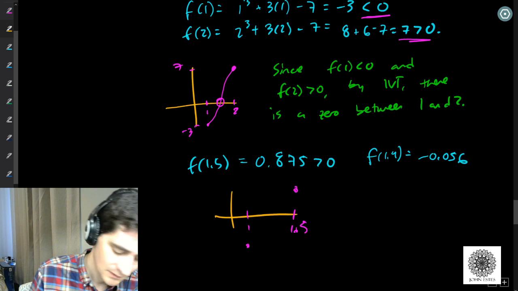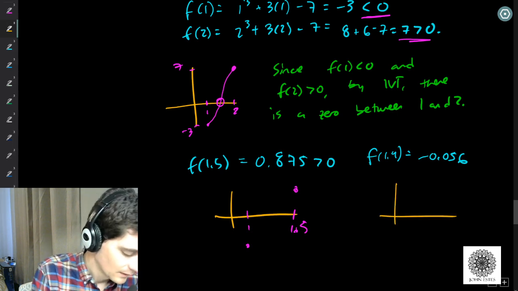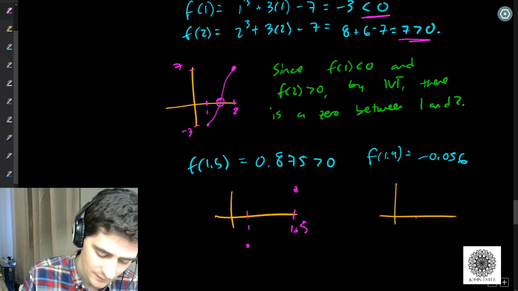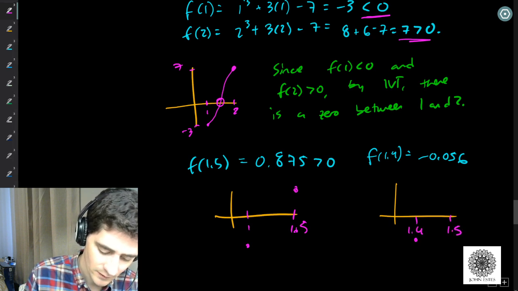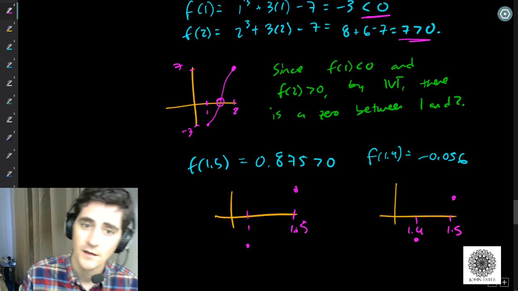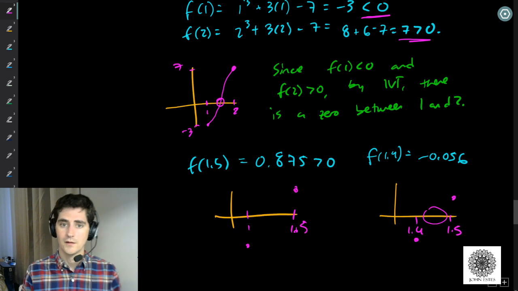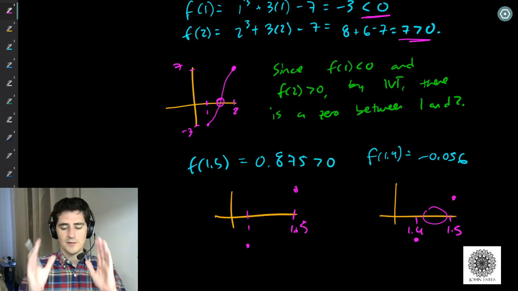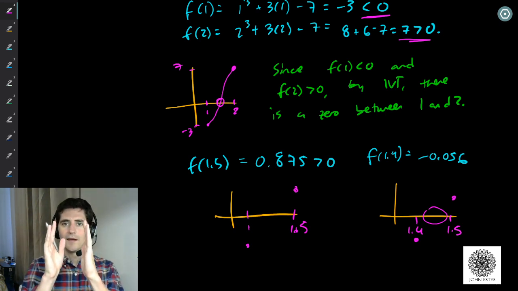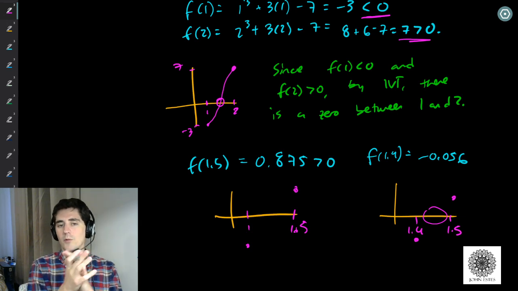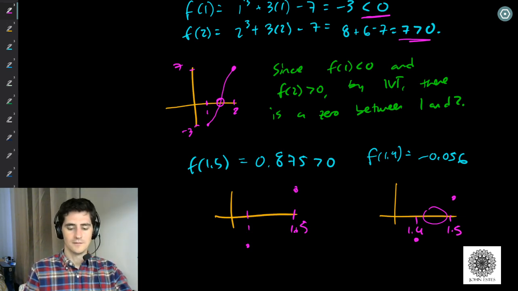So that tells me, see, I've narrowed it down. At 1.4 and 1.5, there is a 0 somewhere in between because I went from negative to positive from 1.4 to 1.5. So somewhere in here is a 0. Okay, and you just keep playing that game. You keep shrinking your window, and you can pinpoint it to whatever degree of accuracy you need.